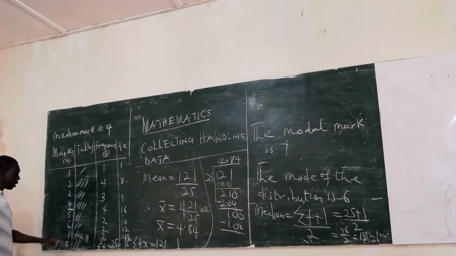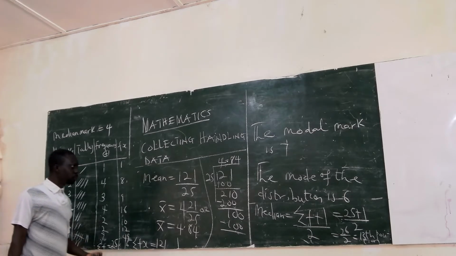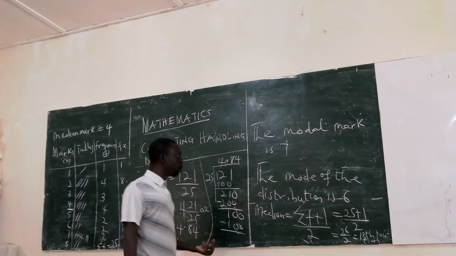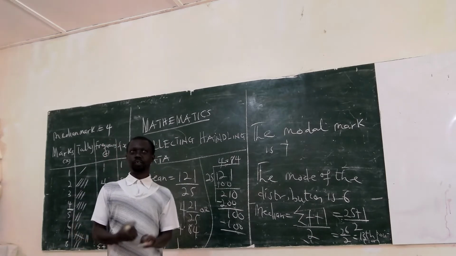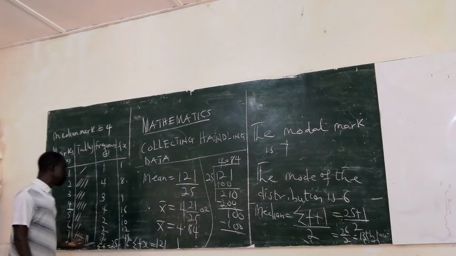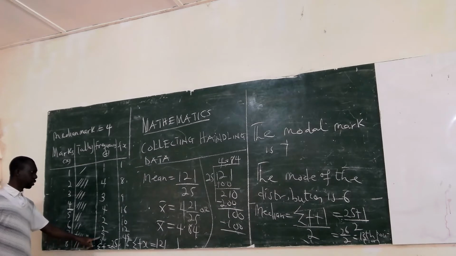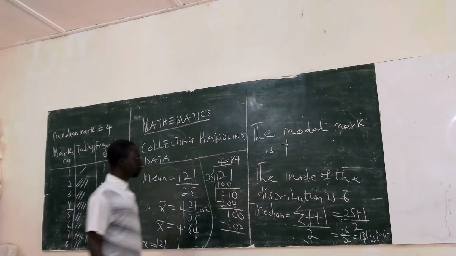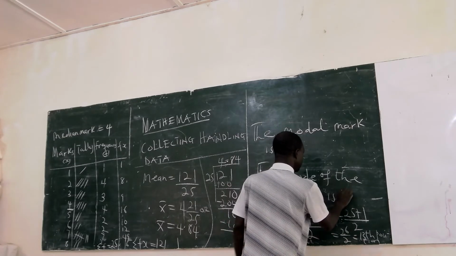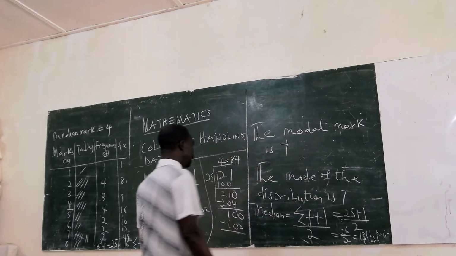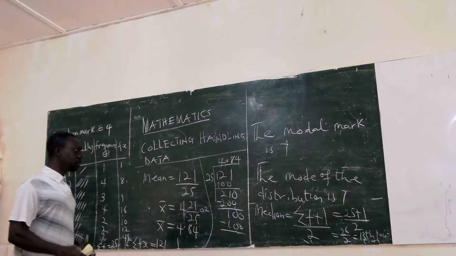The mode is the highest frequency, so when you check the table, the mode is 7. And then use the table to find the median mark.